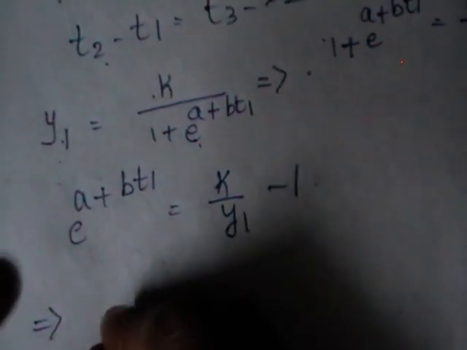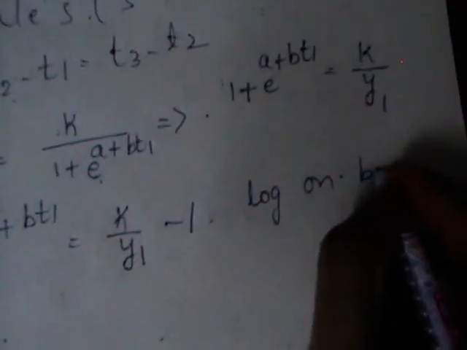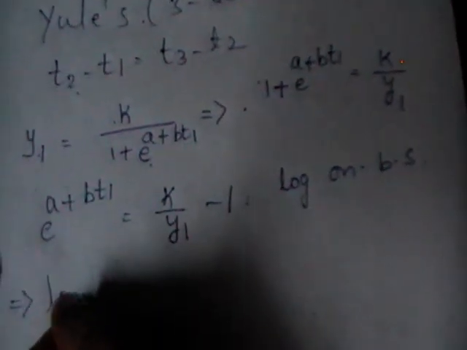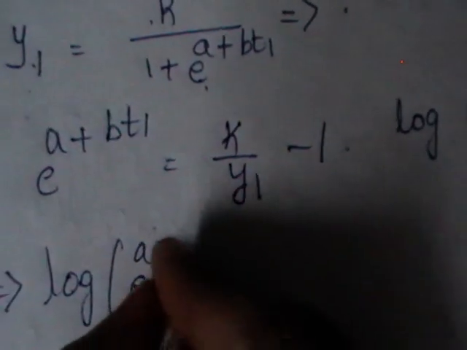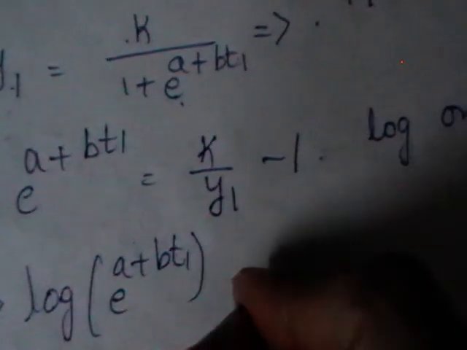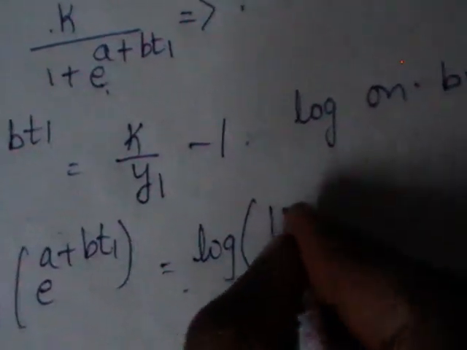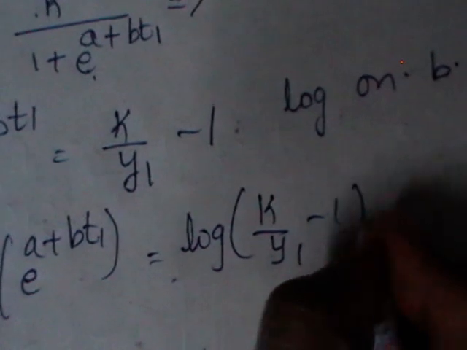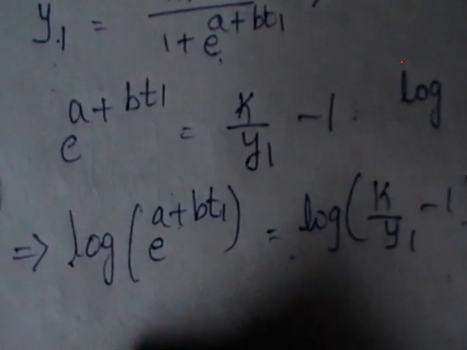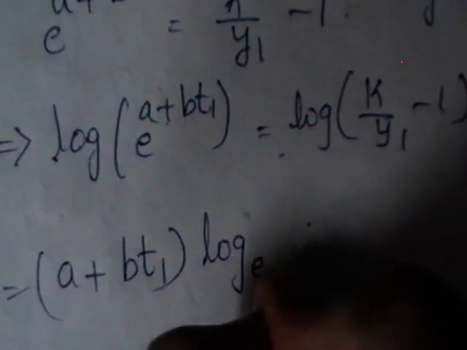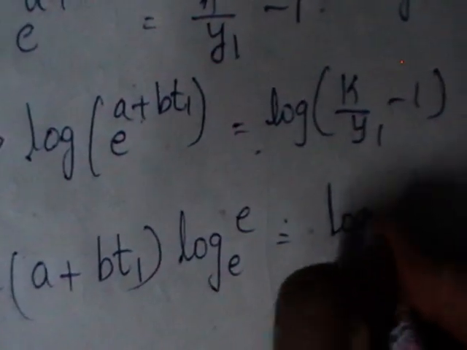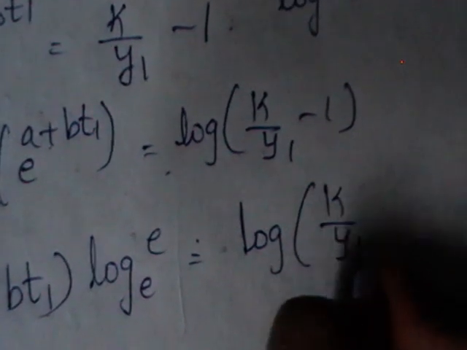Now again, if you take logarithms on both sides, as you have an exponential here, log a plus b t1, log e to the base e, is equal to log of k by y1 minus 1.